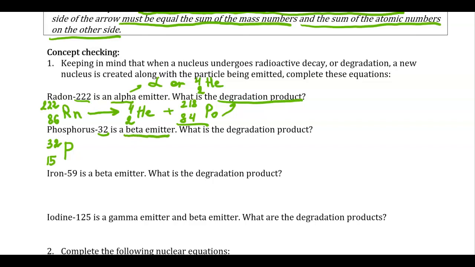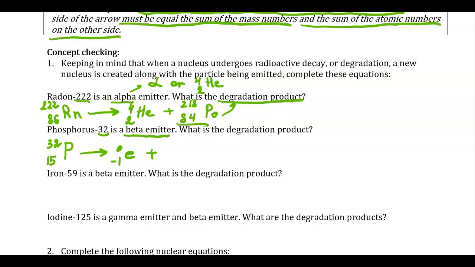What does beta mean? Beta means that this nucleus will emit electrons. So electron, no mass, 0, and minus 1 charge, right?